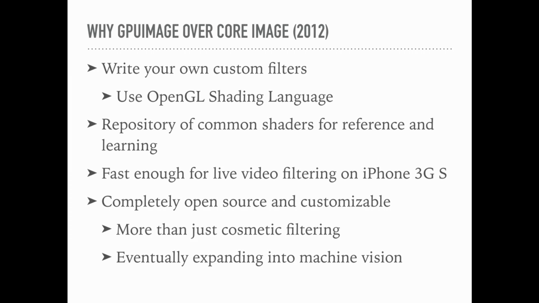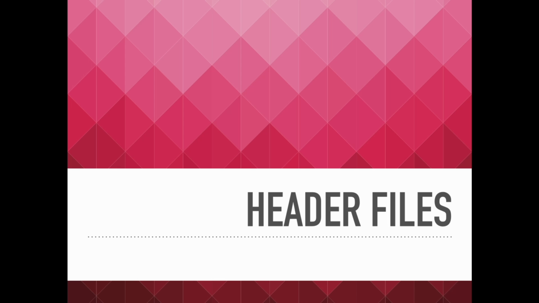So he spent 2 years adding filters, adding functionality, and doing a bunch of other stuff, but there were some things about Objective-C that started to really bug him. Not problems, but little missing stairs where you just kind of jump over the missing stair, and it was just like there's got to be a better way of doing some of this. One of the things that was a pain in the butt with Objective-C was dealing with header files.